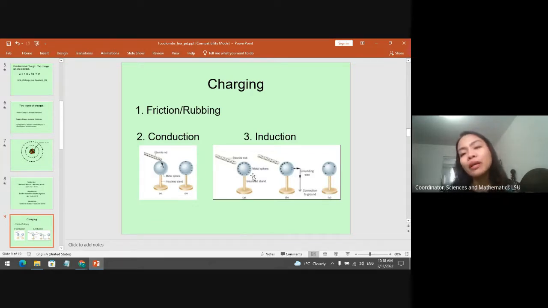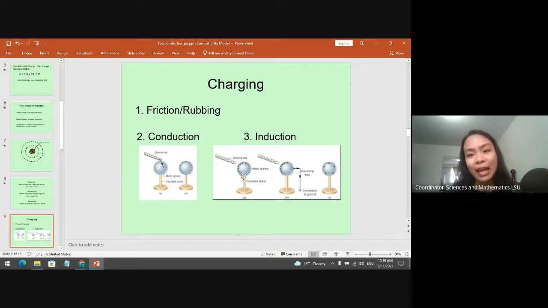Here the metal sphere will polarize. When we say polarize, one end will be positively charged and the other end will be negatively charged. Since the ebonite rod is negative, the positive will be attracted to it, because opposite charges attract.